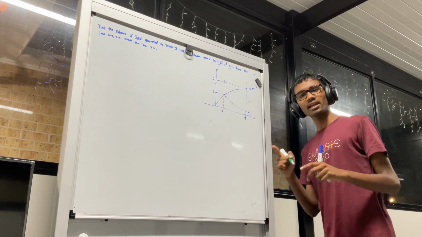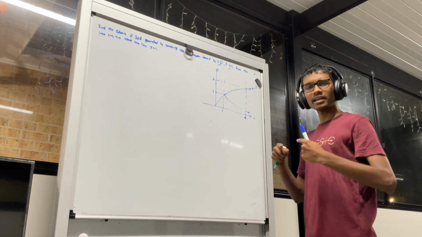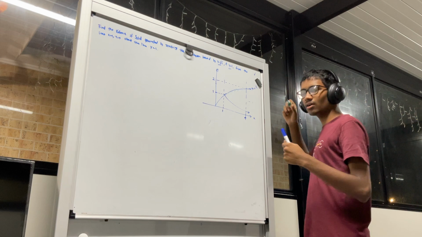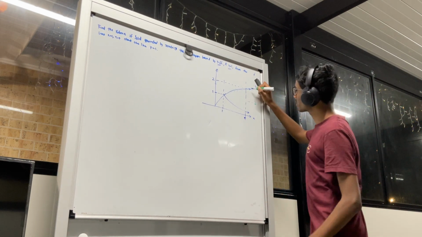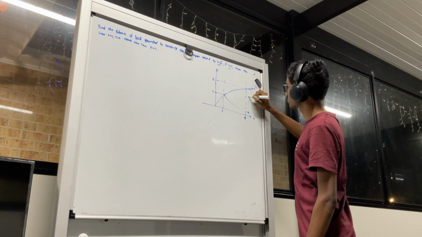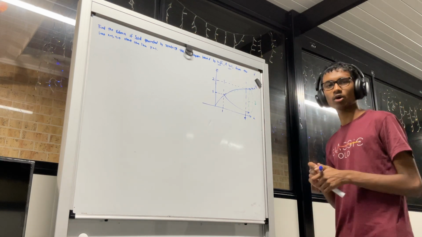But then, imagine you rotate this so fast that it becomes a 3D object. The more and more you rotate this, try visualizing this in your head. It's going to become a 3D object like this. It's going to be like a bullet-shaped 3D object.